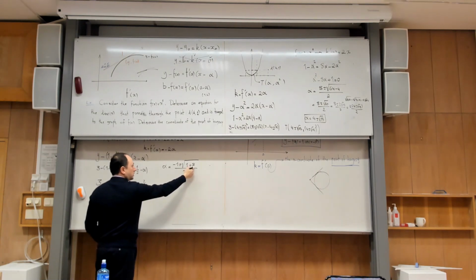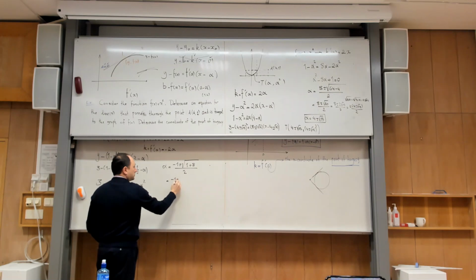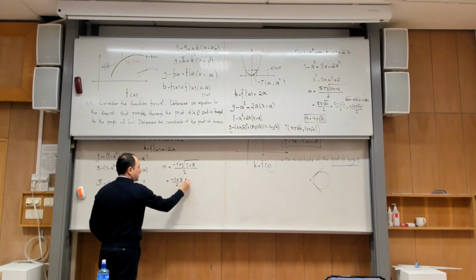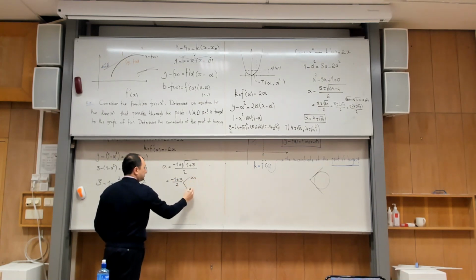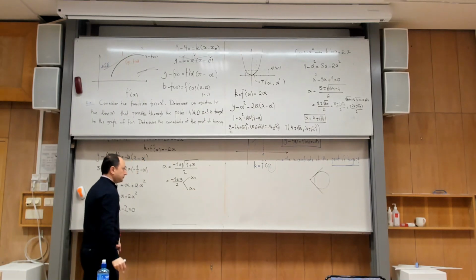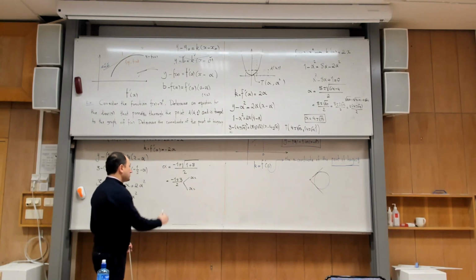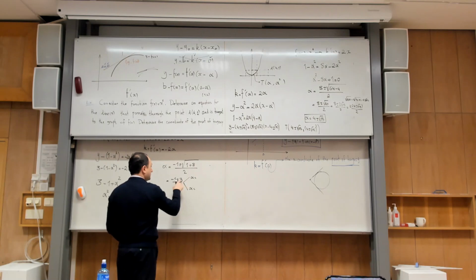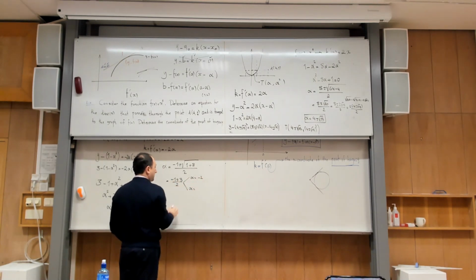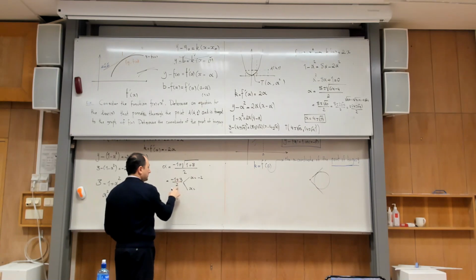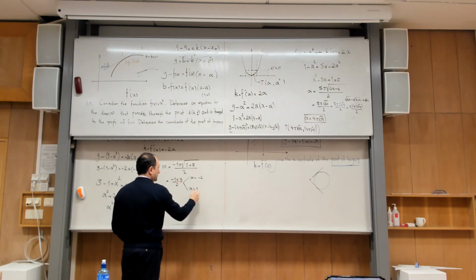And then this is 1 plus 8, 9, which is a nice number. This becomes plus or minus 3 divided by 2, so I get 2 answers for alpha. Okay, so what happens is that this becomes minus 1 minus 3 divided by 2 is minus 2. Minus 1 plus 3 divided by 2 is how much? It's 1.